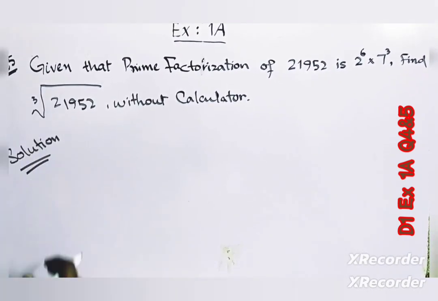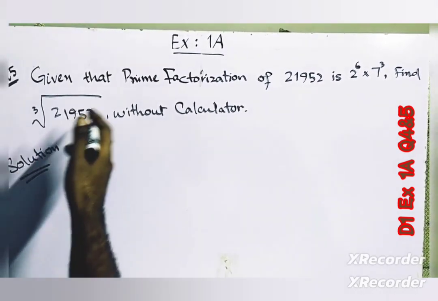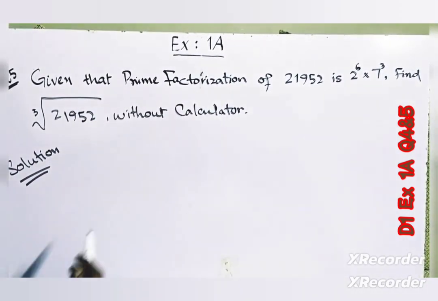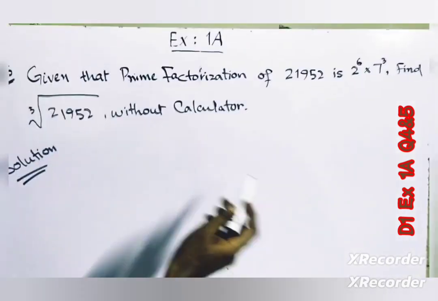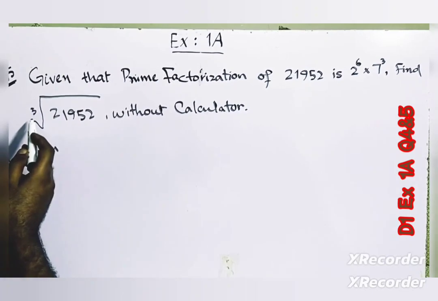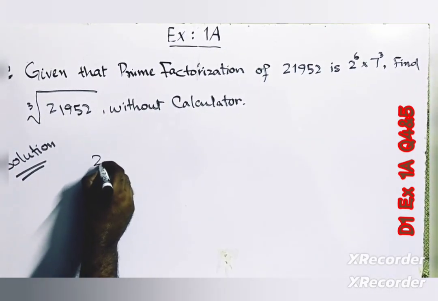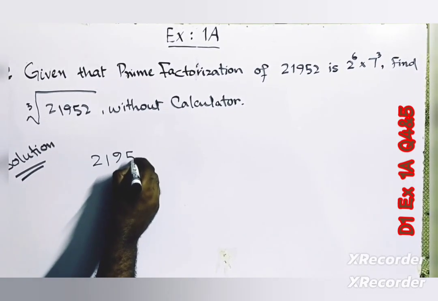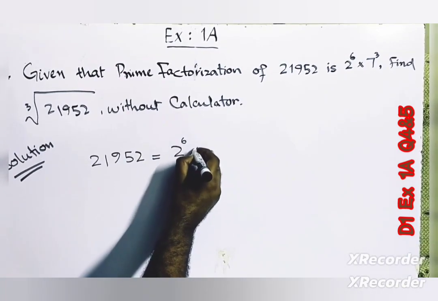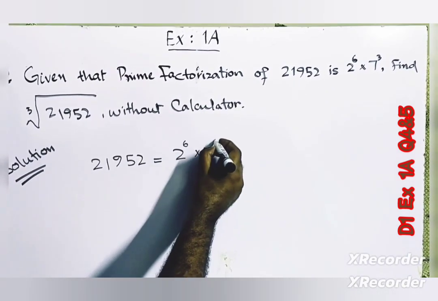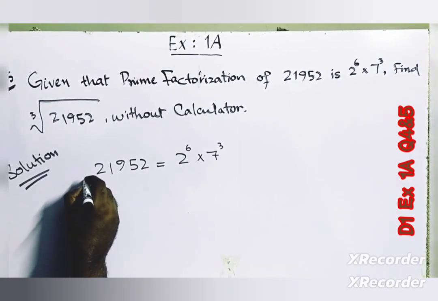Now coming on to question number 5, the same as question number 4. Given that the prime factorization of number 21952 is 2 index 6 multiplied by 7 index 3, find the cube root without calculator. So the number 21952 has a prime factorization of 2 index 6 multiplied by 7 index 3. As we see, there is a cube root, so we put cube root on both sides.